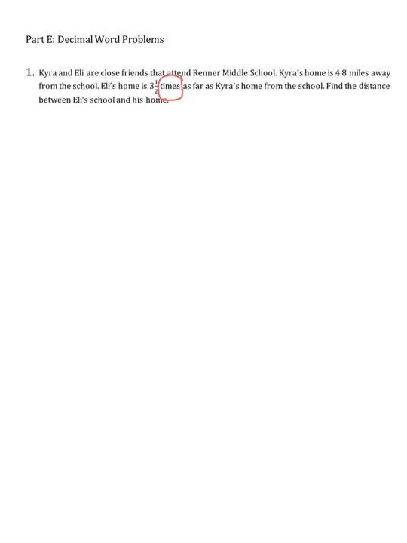We see that it's 3.5 times as far. That keyword of times tells us to multiply. So we need to multiply 4 and 8/10 by 3 and 1/2. Now when we're given a fraction and a decimal in a word problem, we are free to choose if we write them both as fractions or both as decimals.